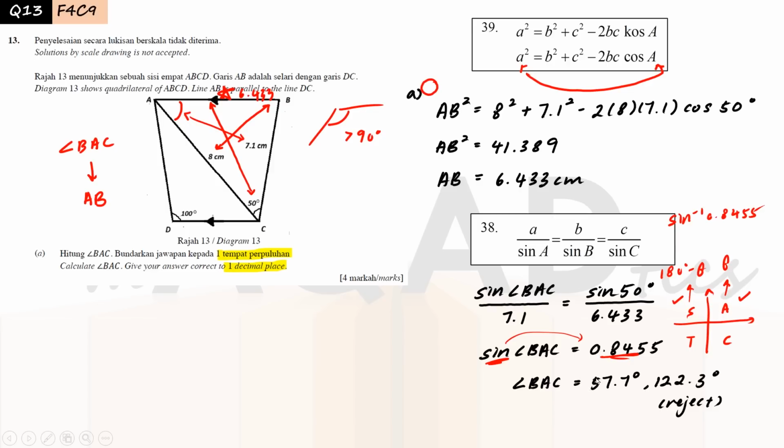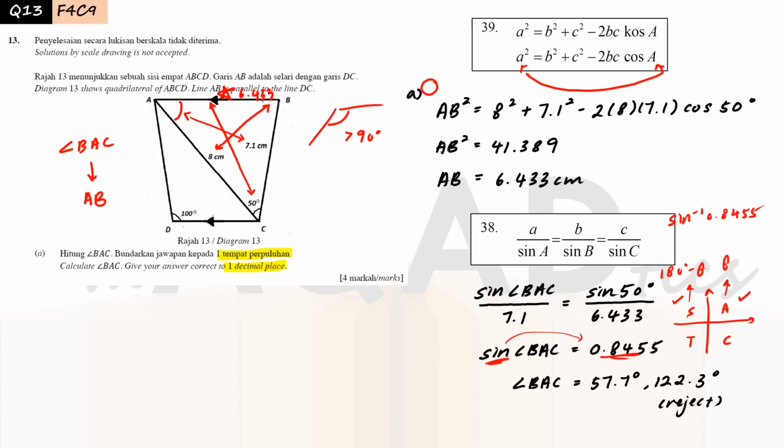Alright, so our value will be 57.7. I know that some of you may think, actually, the answer we have already found, so why do we need to use the ASTC method? Because sometimes some questions might ask you to find the obtuse angle of BAC.